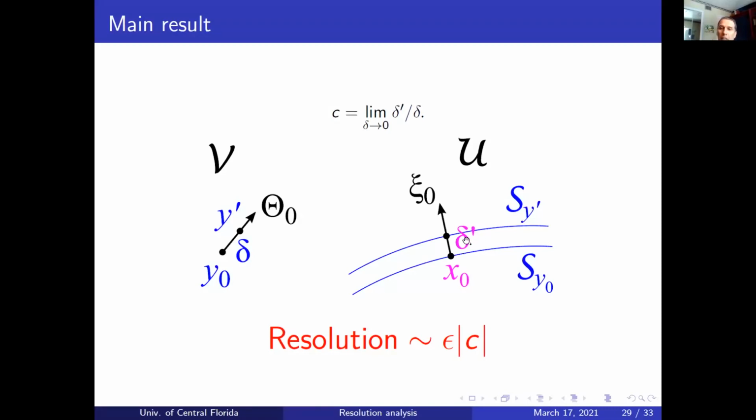So delta prime is a directed distance along xi naught. And then C is just the ratio of delta prime over delta in the limit as delta goes to 0. Of course, this limit can be computed explicitly if the Radon transform is known. A corollary to our result is that the resolution is basically epsilon times the value of C. And so that's the resolution.